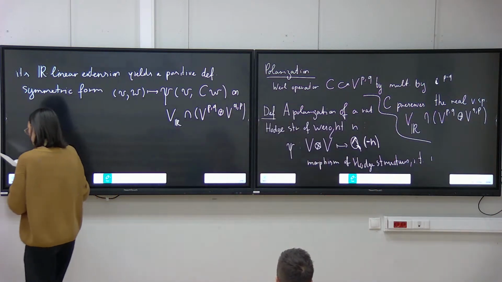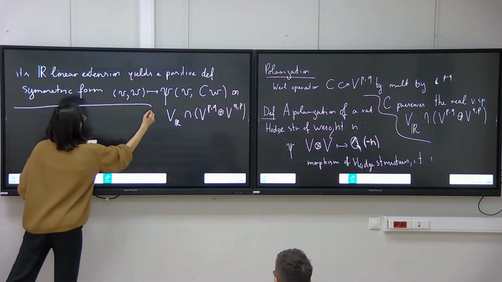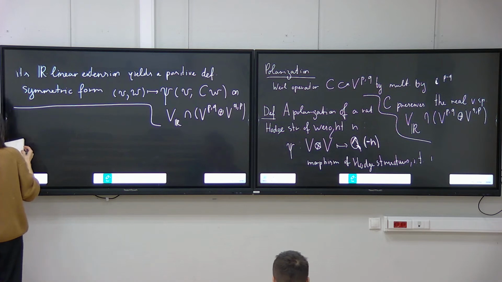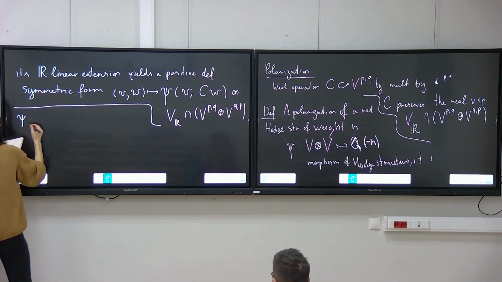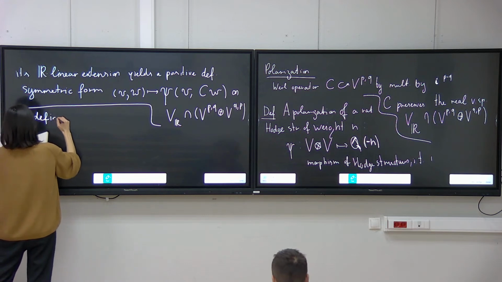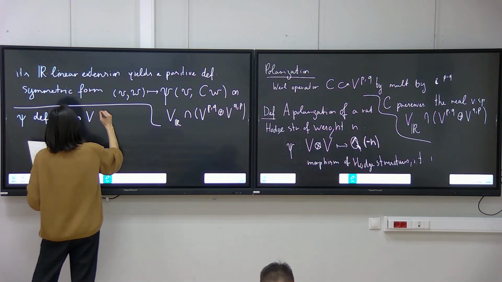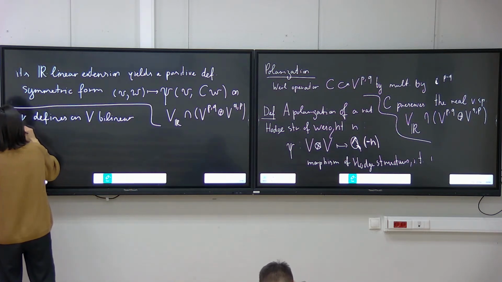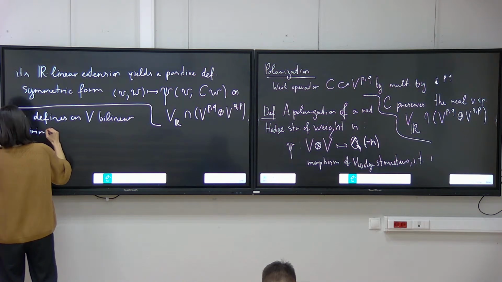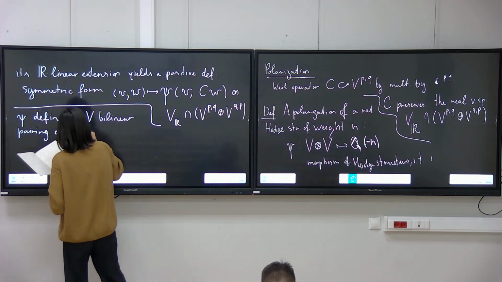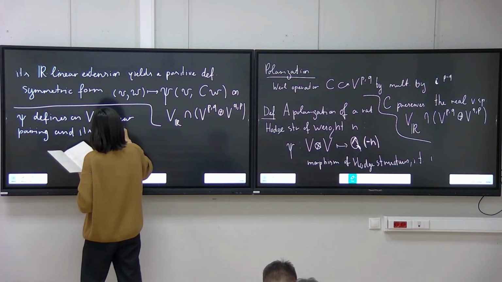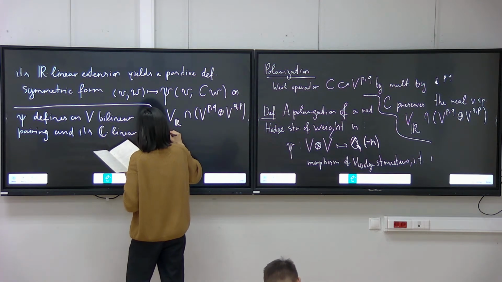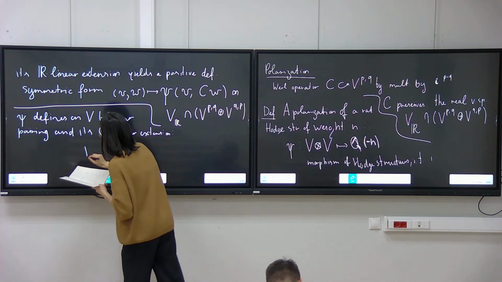Okay, and now let me say something about properties of this notion. So, first of all, phi defines on V a bilinear form. And for its C-linear extension, we have the following thing.